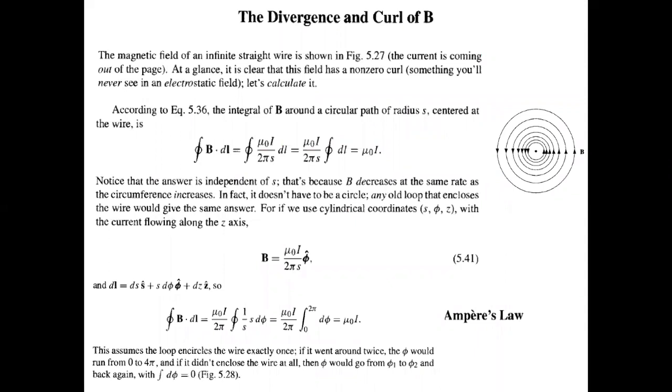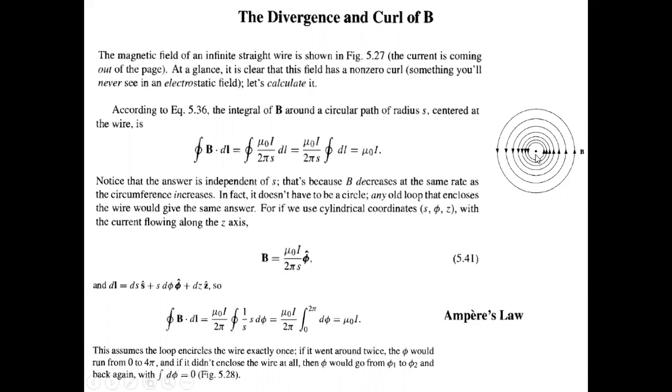Now, this part I already covered. If we consider the magnetic field for an infinite straight wire, like here in the figure, the current is coming out of the page, which is this small dot.